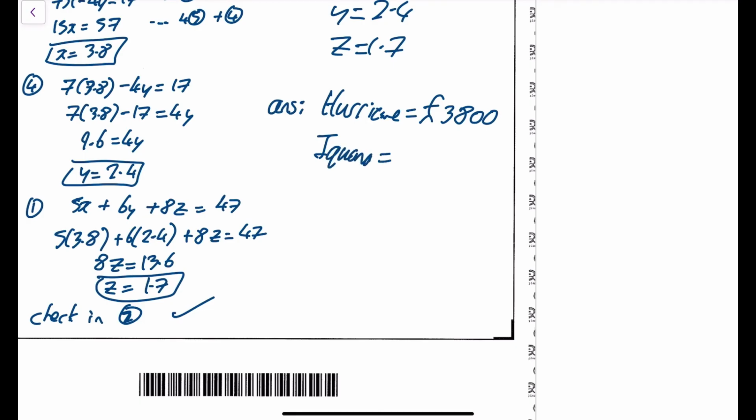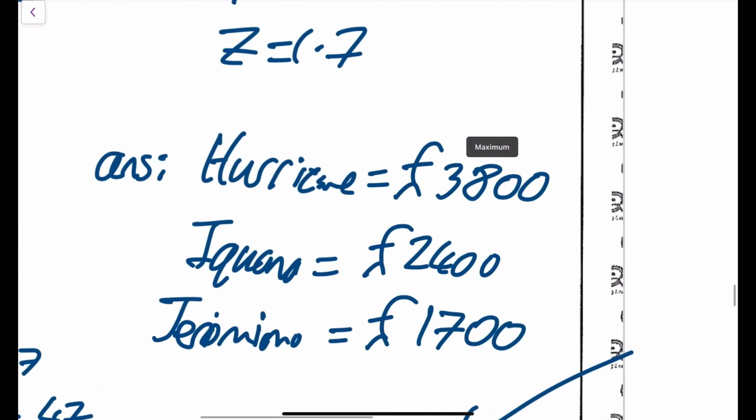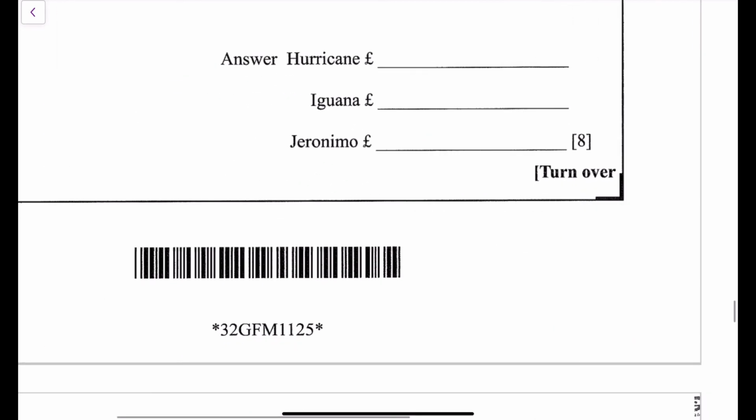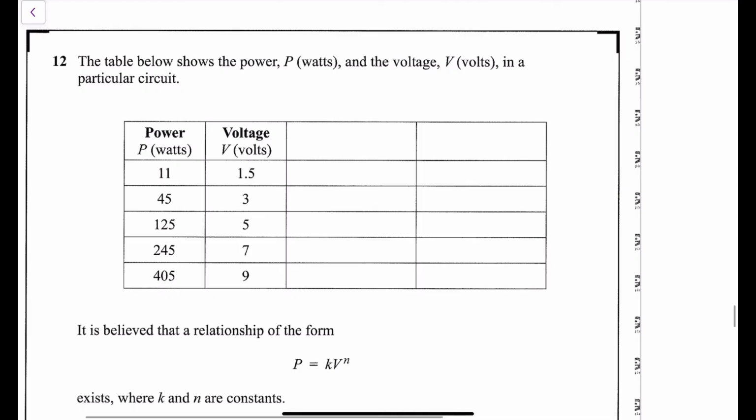Iguana, its profit then was 2,400. And what was my last one called? I forgot his name. Geronimo. Its profit was 1,700. And that's it. Okay, lovely. Oh, there I could have written that all in there. Okay. Right, next one.